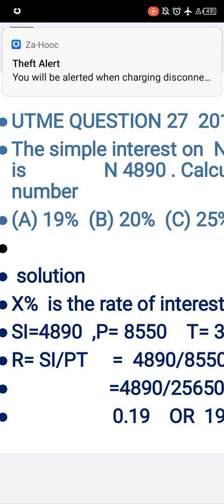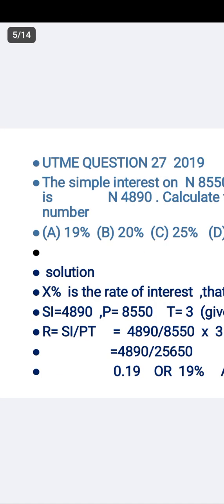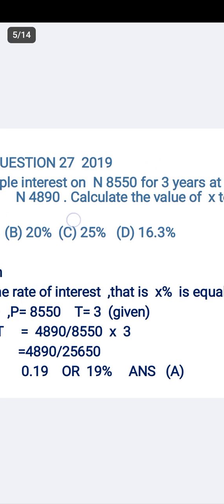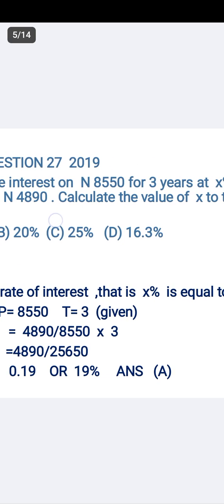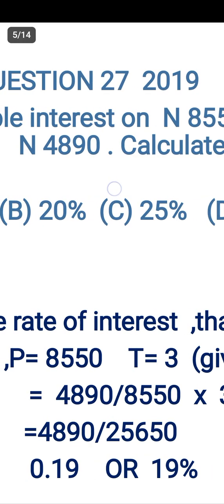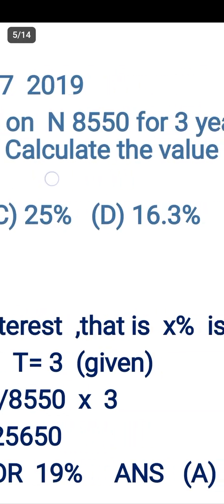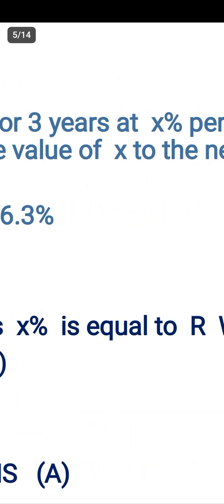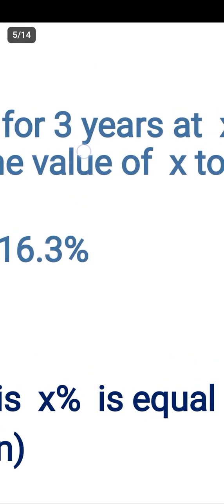Now, what are we looking for? We're looking for X. X represents what? The rate. As you can see here, the principal is given. The interest is given. Then the time in years is given.